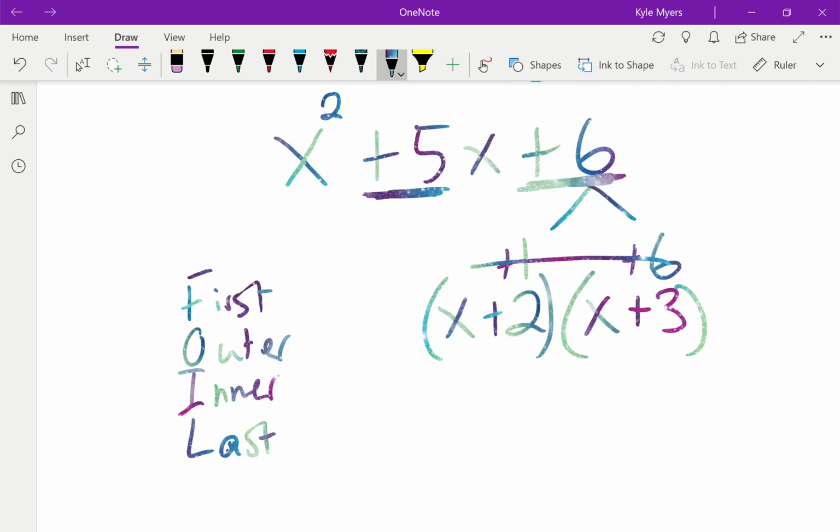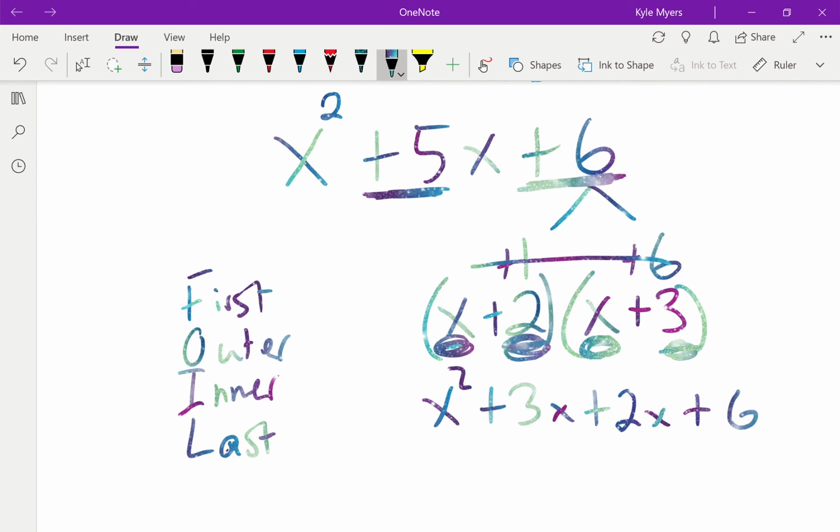Meaning the first things, x times x, which is x squared. Then the outer things, so x times 3, so plus 3x. Then the inner things, so 2 and x, which is 2x. And then the last things, so 2 and 3, which is 6.